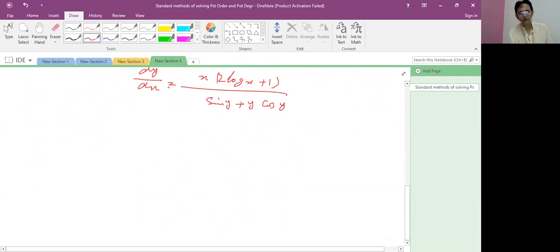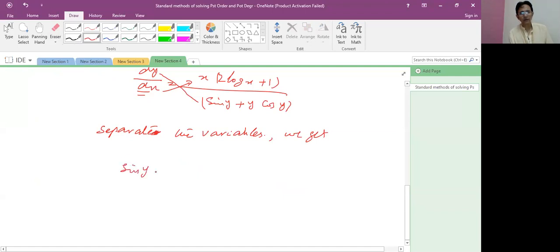Now the first step is the variable separable method. When dy is present, we shift this term to the left hand side and dx to the right hand side. So this is called the variable separable method. Separating the variables, we get (sin y plus y cos y) into dy equals x (2 times log of x plus 1) into dx.